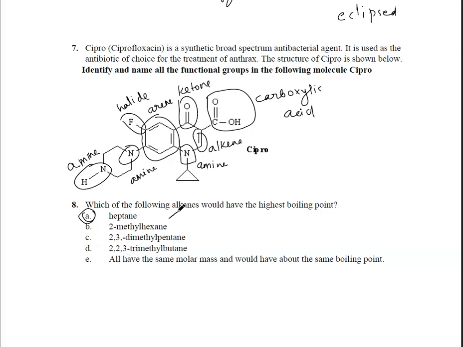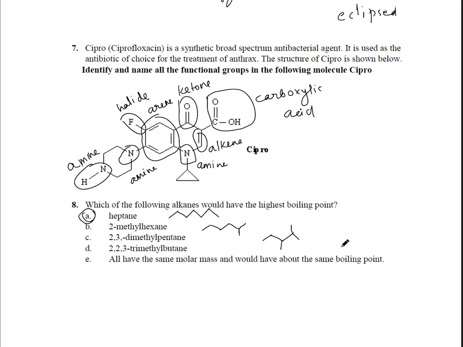So heptane would be a straight chain like this, right? 1, 2, 3, 4, 5, 6, 7. Whereas 2-methylhexane would be where 1, 2, 3, 4, 5, 6. This is 2-methylhexane. 2,3-dimethylpentane would be this one, right?